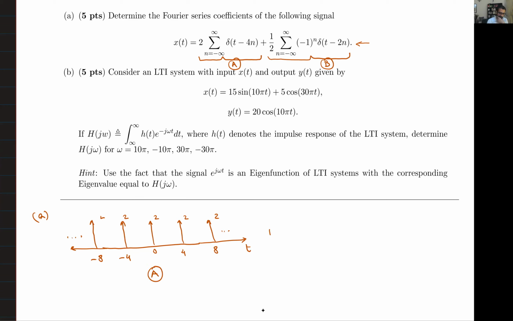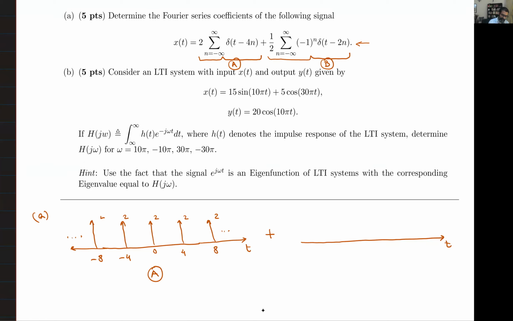And what about signal B? If this is the time axis, what type of signal is B? Anybody else? Other than Hassan? Okay, alternating signs. What about the period, Daniel? Period would be 2, excellent, right?